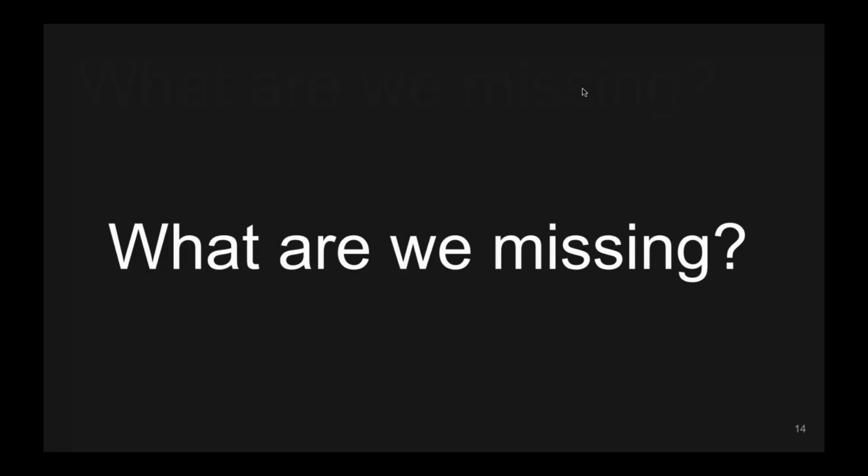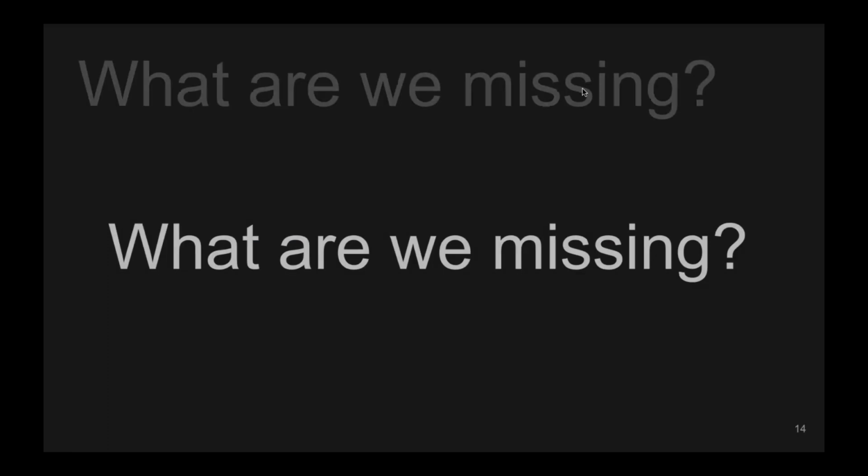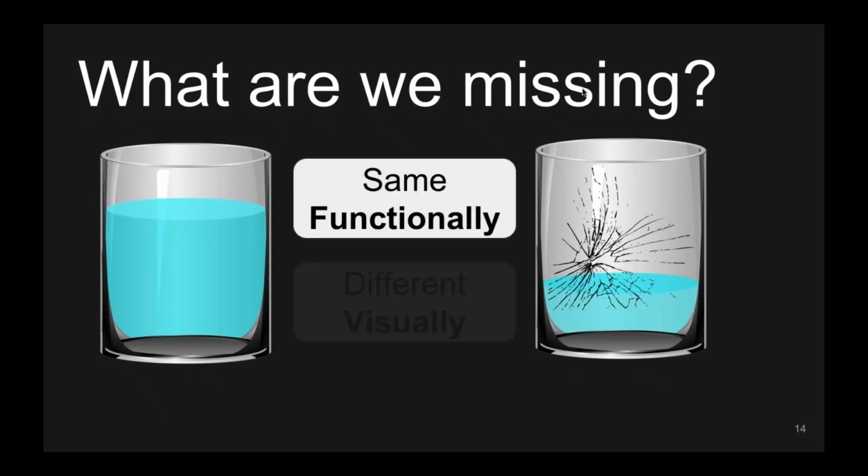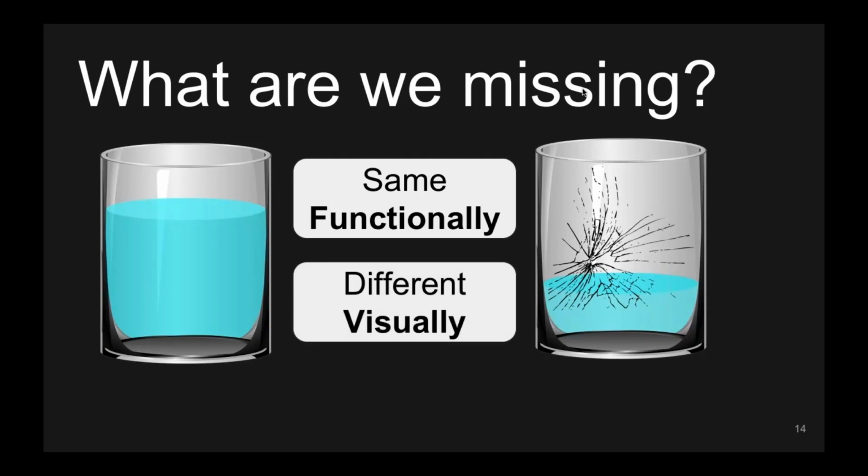But you still might be asking yourself, and I hope you are asking yourself, that we might be missing something here. Functionally it's possibly working, but there's something wrong. So if you were to compare the two glasses with the water, yes, they are functionally the same, in the sense you can drink water, but visually at least, they are very different.